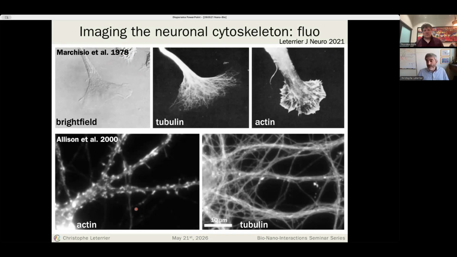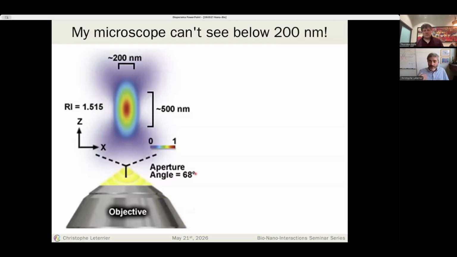And at the bottom is the classic way of doing it these days, which is using phalloidin for actin and antibodies for microtubule here in hippocampal neurons. And the problem with fluorescence microscopy is that it is limited in its resolution, in the amount of details you can get. It is limited by the diffraction of light.